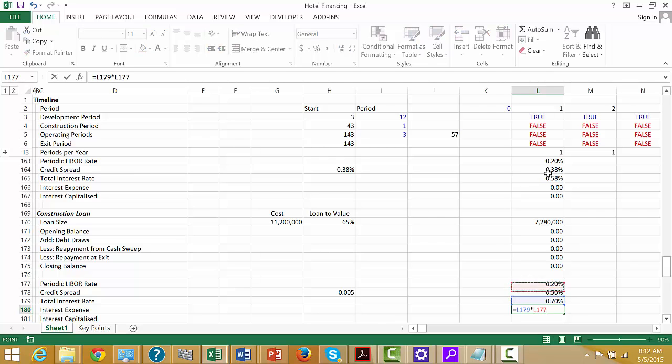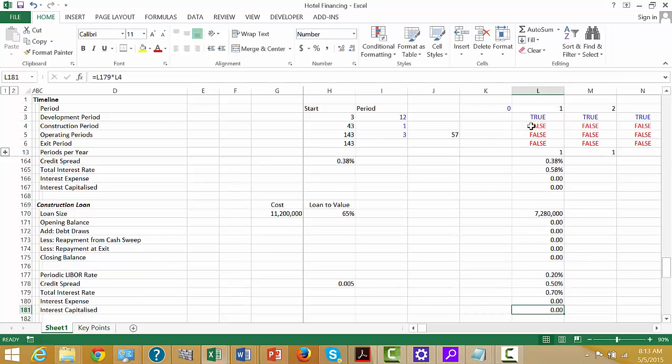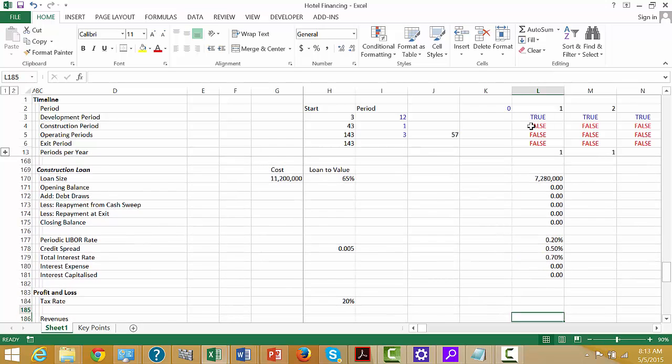And then we press alternate equal, and we can get the interest expense, which is the total rate multiplied by the opening balance multiplied by the operating periods here. And then we can do the same thing and multiply it by the construction period. Okay, and we have that finished.